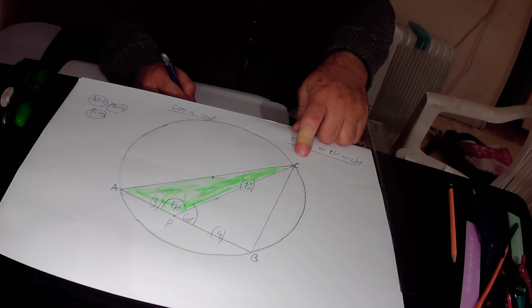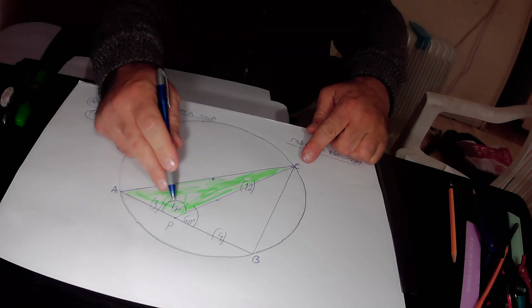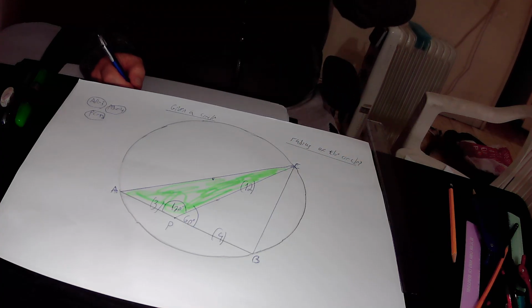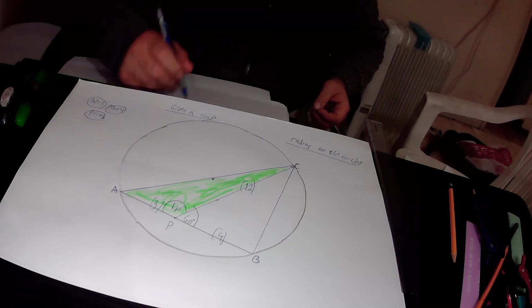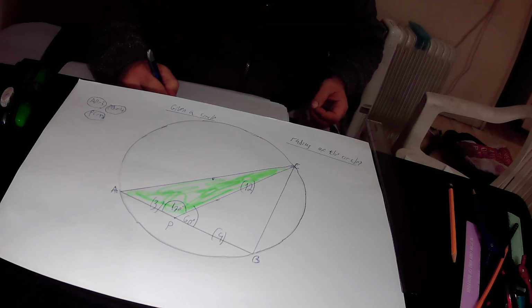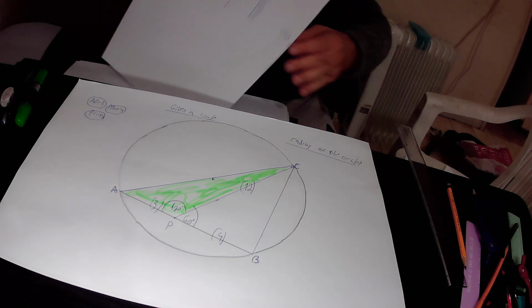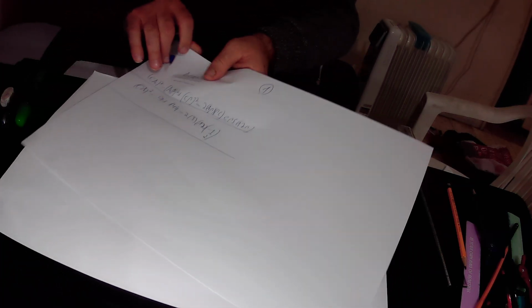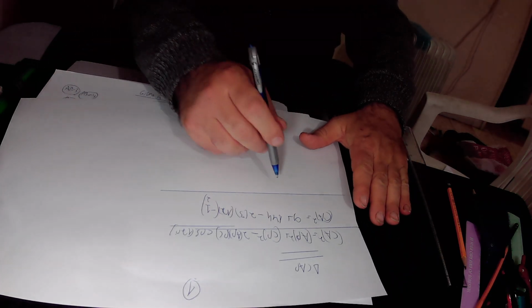Minus 2 times AP, that is 3, times PC, that is 12, times cosine 120 degrees. Cosine 120 degrees is equal to minus 1/2. So in total, CA squared equals 9 plus 144, that is 153.